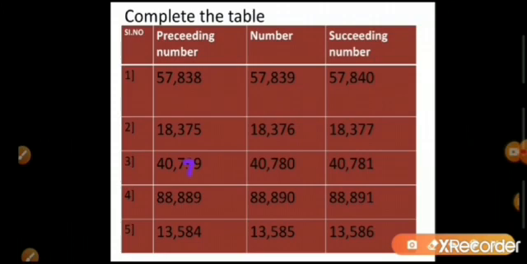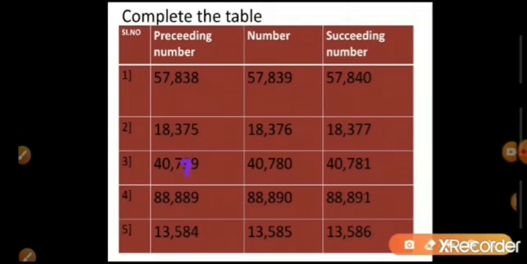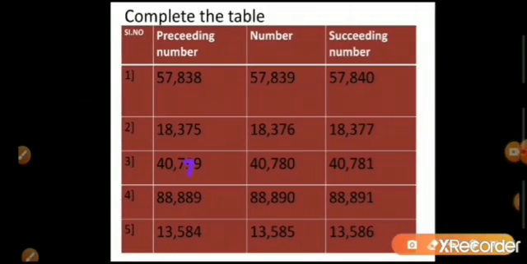Succeeding number means whatever the given number, to that number we add 1, then we get the succeeding number. In the previous class you learned back and after number. But here in 5th standard we are using 5-digit numbers. So to that number we add 1, we get the succeeding; we subtract 1, then we get the preceding number. We see one by one here, totally 5 numbers they have given.